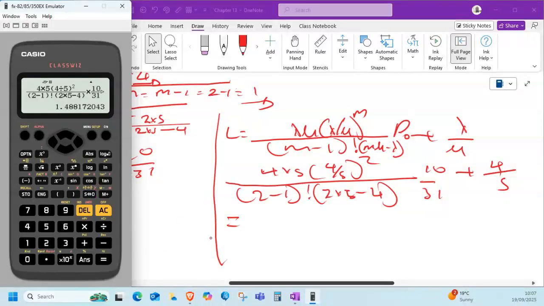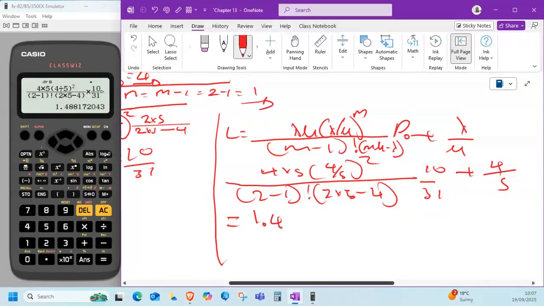And I have it as 1.488. I need to just double check something.